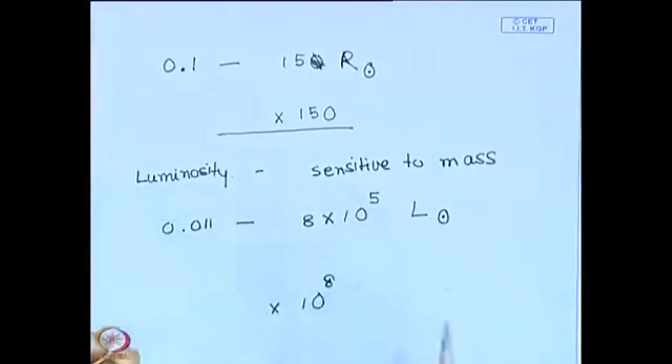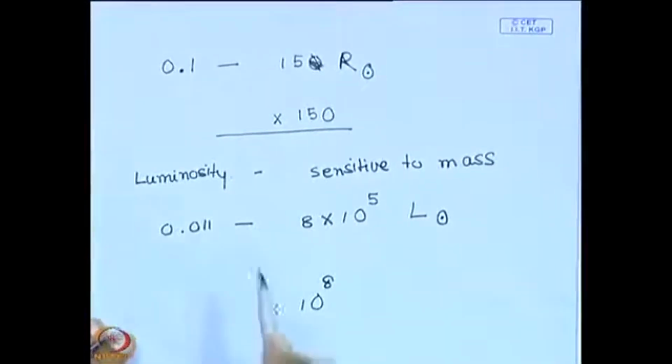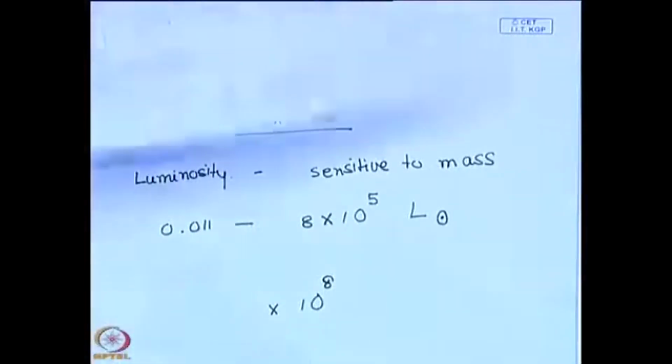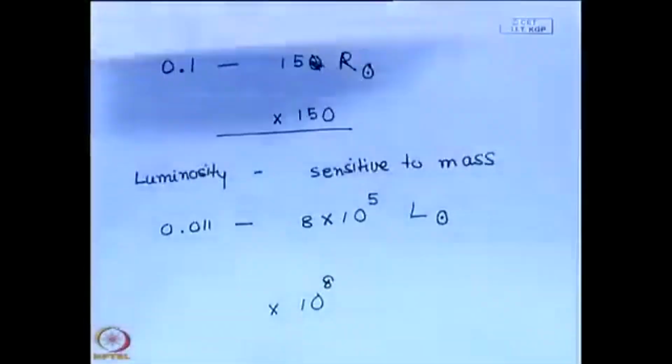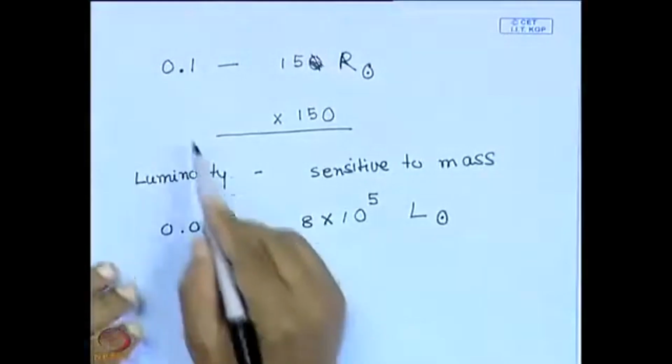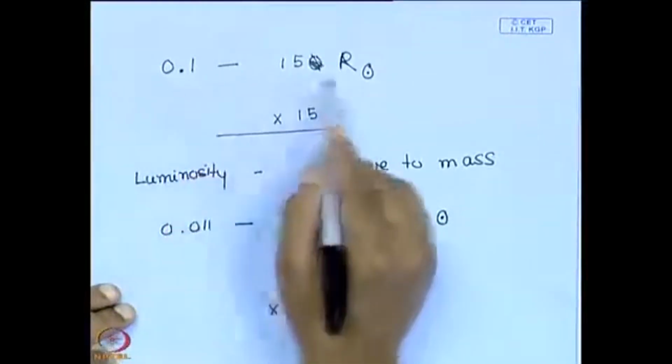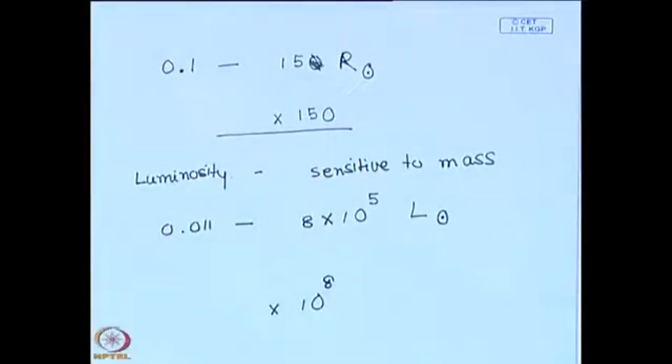So, what we have been discussing till now are all solutions of the 4 equations which we had written down, and they cover this mass range, the corresponding range of radii is this, and the range in the luminosity is given over here.